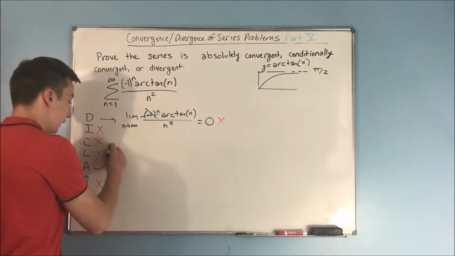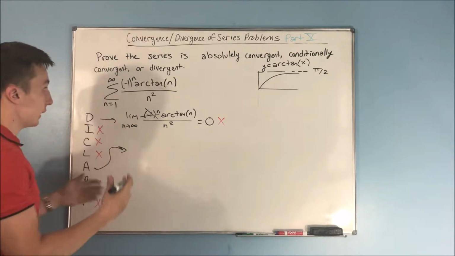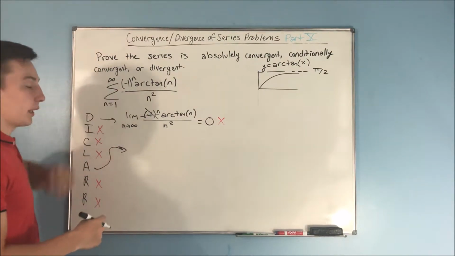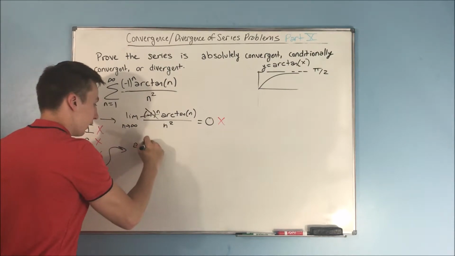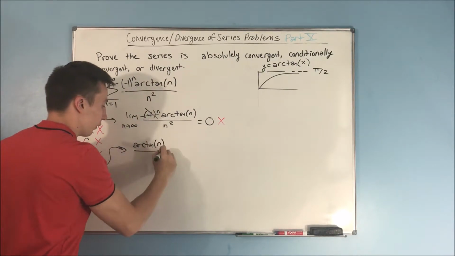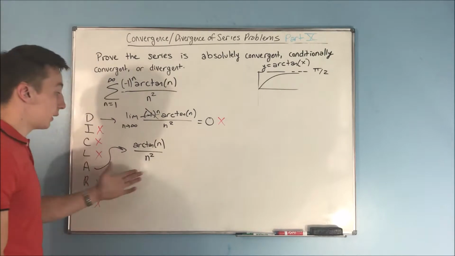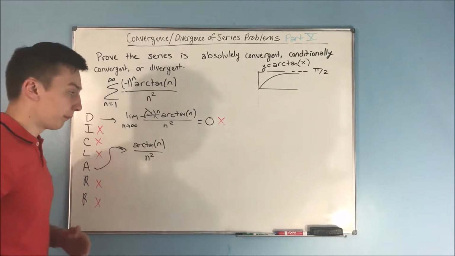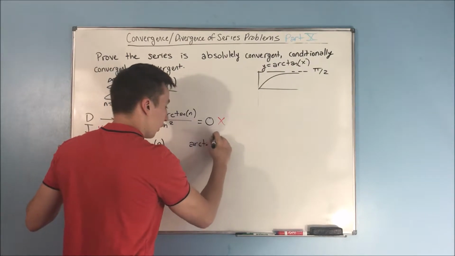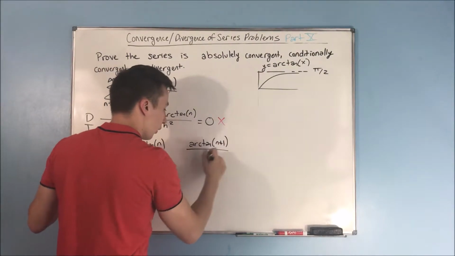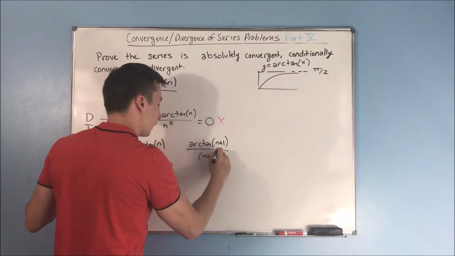For alternating series, we need to see if this is decreasing, and we also need to remove what's making it alternating. So we need to see if arctan of n over n squared is decreasing. We take the next term in the series, arctan of n plus 1 over n plus 1 quantity squared.